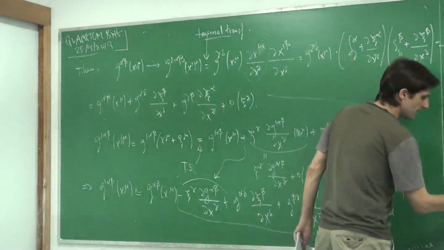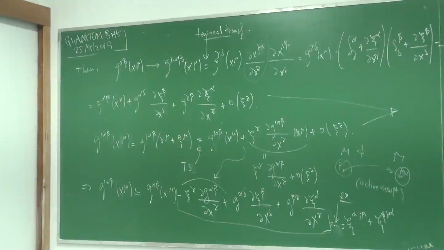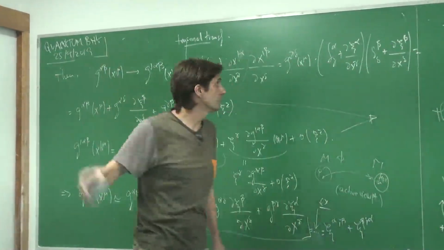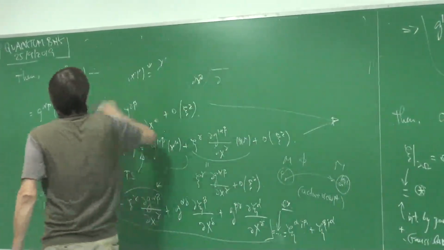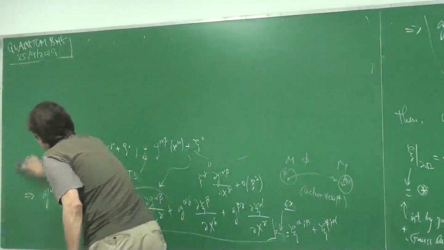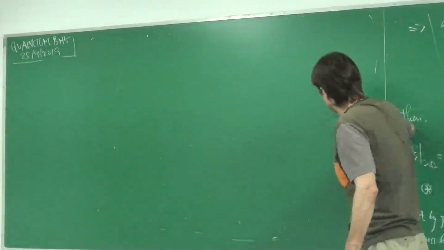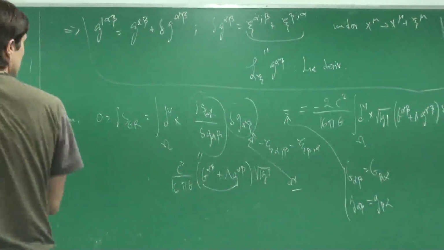This is a very standard trick that you use over and over again, so let's do it just one extra step. So star, I'm going to continue this equation up here. Let's continue it right here.